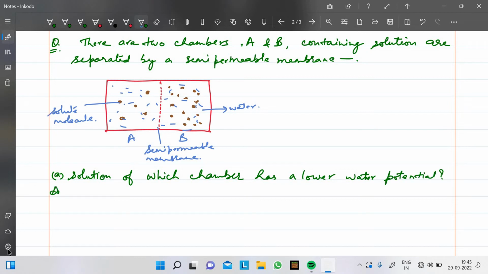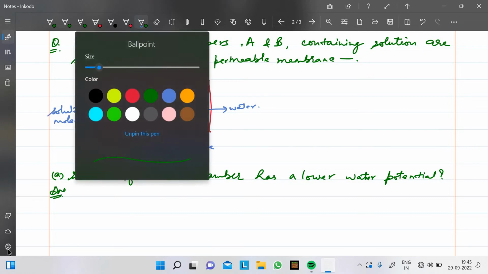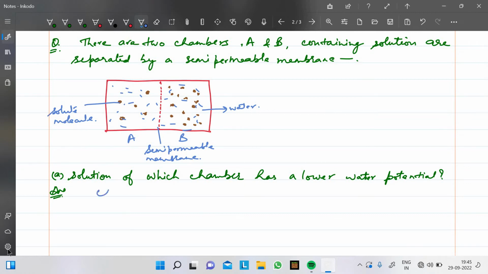And the answer is: the lower water potential will be of chamber B. Why? Because in chamber B there are more solute particles and fewer water molecules available. Lower water potential means lower free energy of the water molecules. So chamber B has a concentrated solution, hence its water potential is lower. Clear?